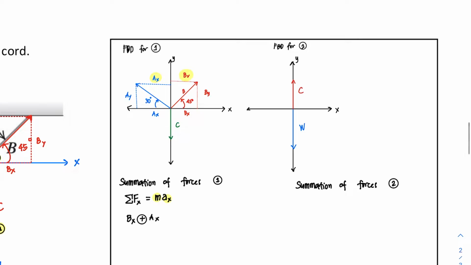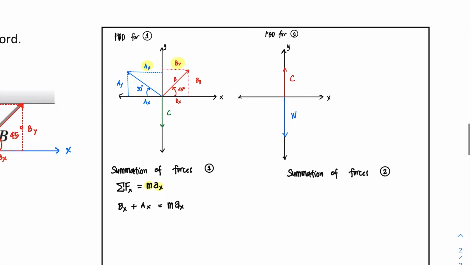I am not writing Bx minus Ax because I will be using SPA. That is just Bx plus Ax. There are no other forces with a component along your x-axis except Bx and Ax, and that is equal to m a sub x.